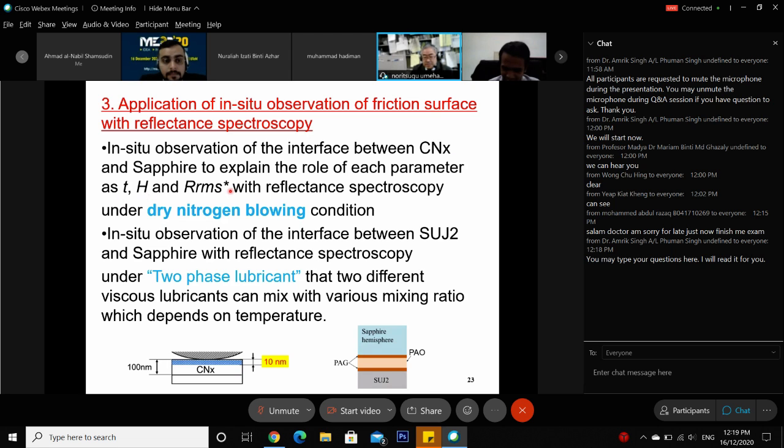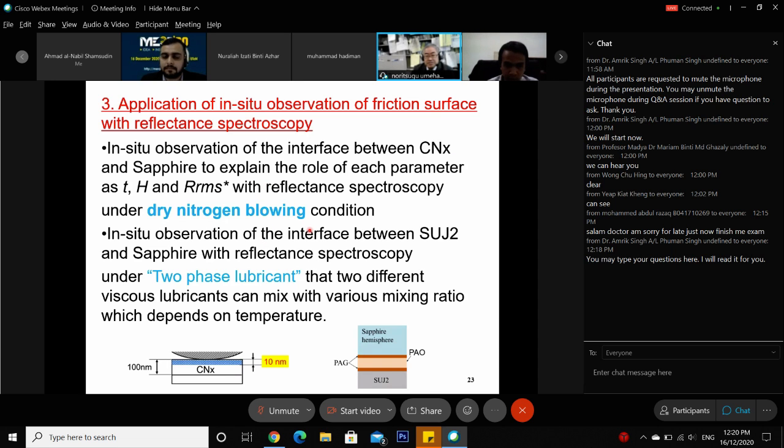T is the thickness, H is the hardness, plus the roughness, all from reflectance spectroscopy. If T, H, and roughness control the friction and wear of the carbon nitride coating, and we can measure them in situ using reflectance spectroscopy, maybe we can estimate the friction.